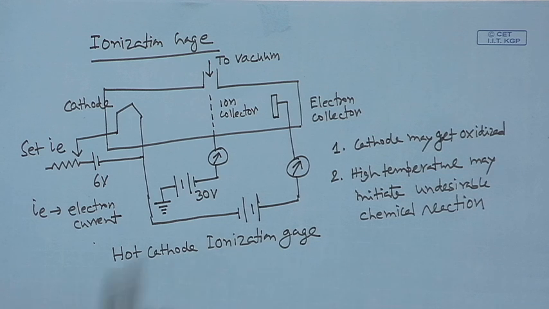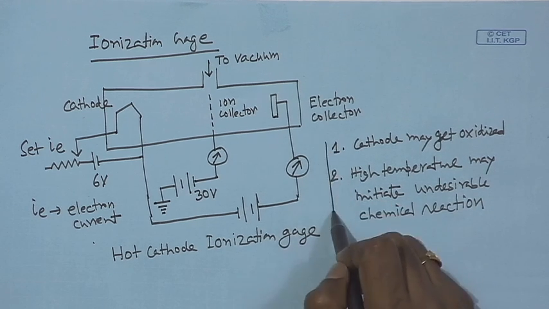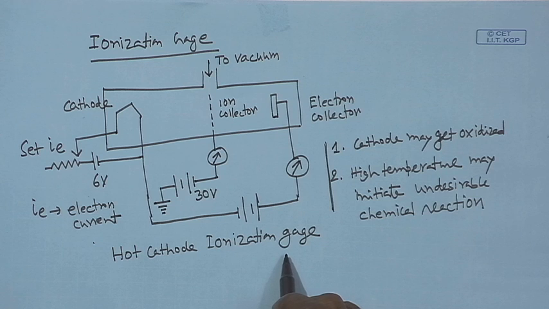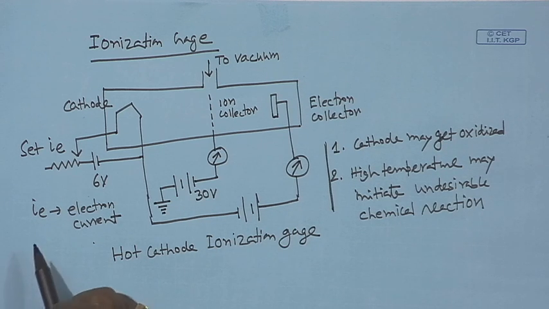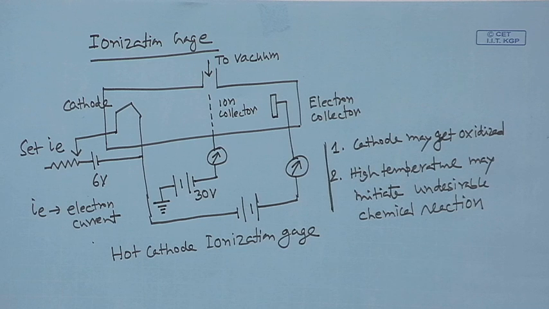So, to avoid these problems, a cold cathode ionization gauge has been proposed. In case of cold cathode ionization gauge, no heated filament is used to produce electrons.